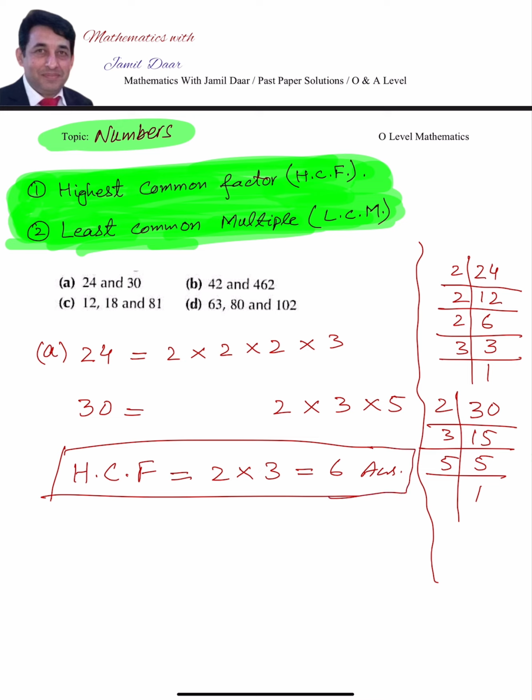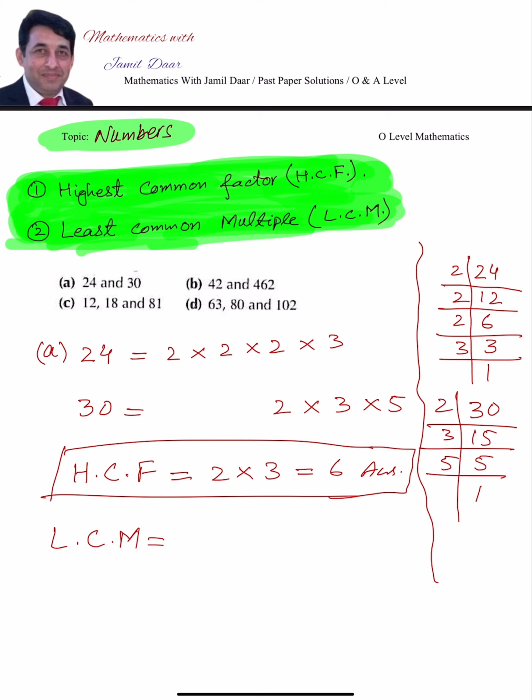And what is the LCM, the least common multiple? LCM is commons and non-commons both, because a multiple is divisible by both of these numbers. So it should contain all of these components.